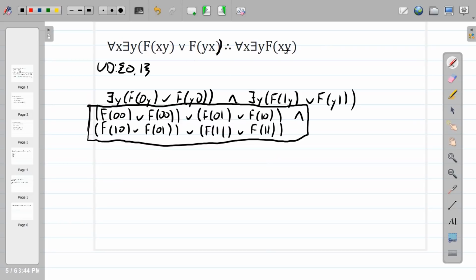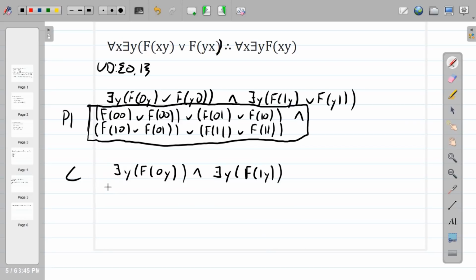Okay, now expand the conclusion. So exists a y such that F0y and there exists a y such that, I suppose I don't need those brackets, it's fine, F1y.